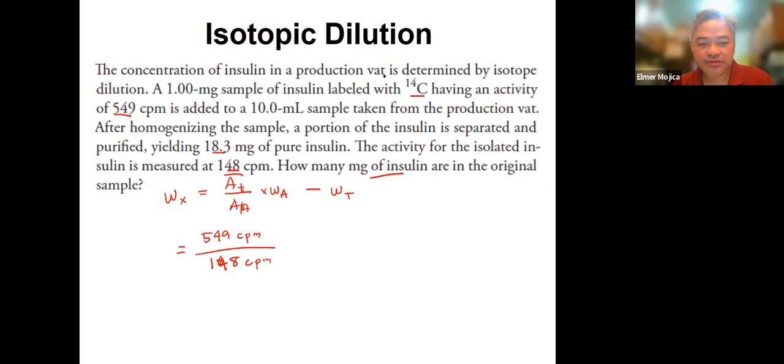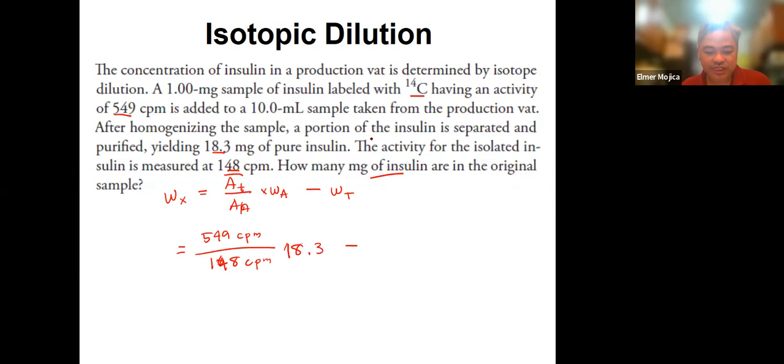And then the WA would be the mass. So which one is that? Where is it? The 18.3 or the 1? So we could say the WA there, that's the 18.3.